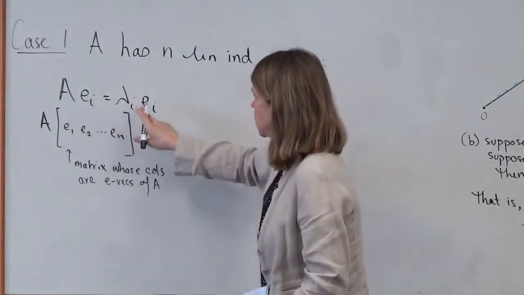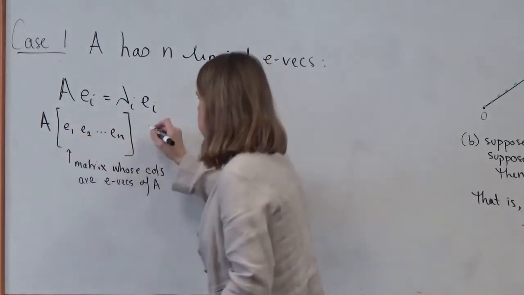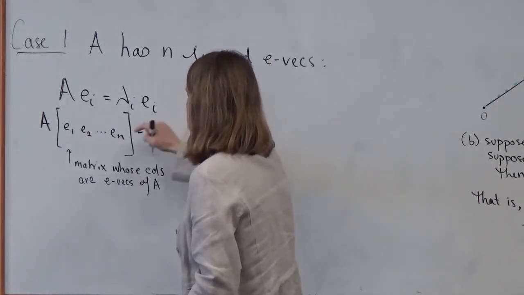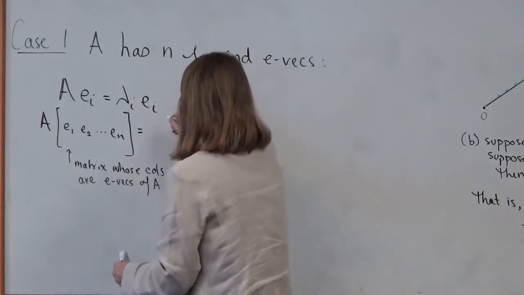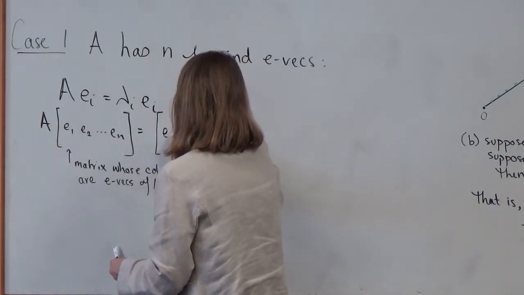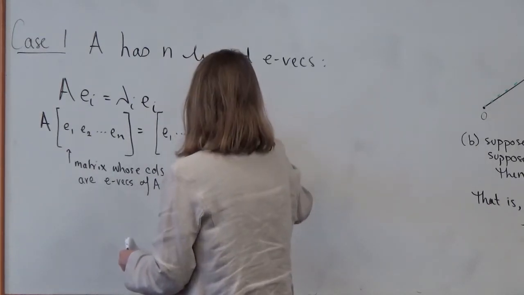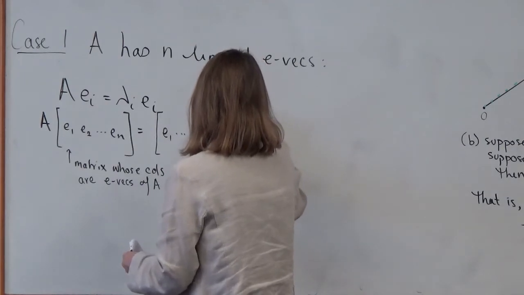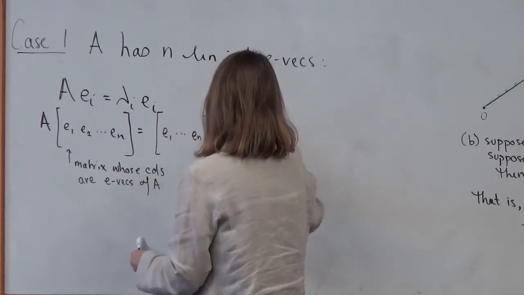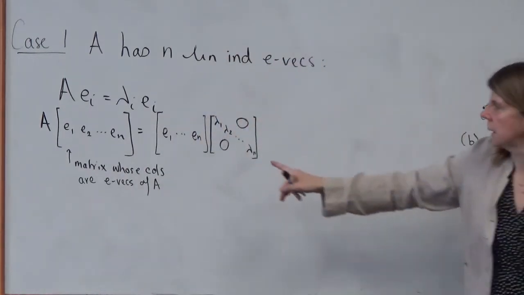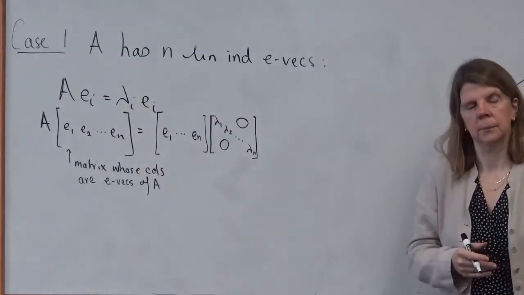But I also know from this equation that A E_1 is lambda_1 E_1, A E_2 is lambda_2 E_2, and I can vectorize the right-hand side as that same matrix whose columns are the eigenvectors, times a diagonal matrix whose diagonal entries are the corresponding eigenvalues. Everything off the diagonal is 0. So I've just done n applications of that equation, and written it in vector-matrix form.